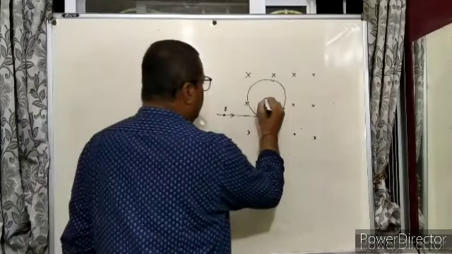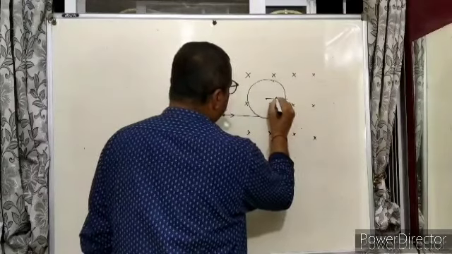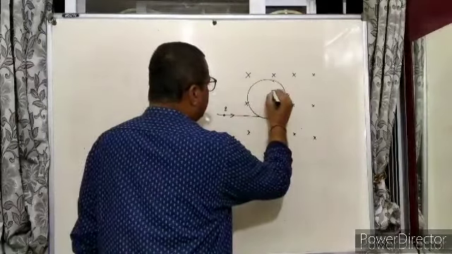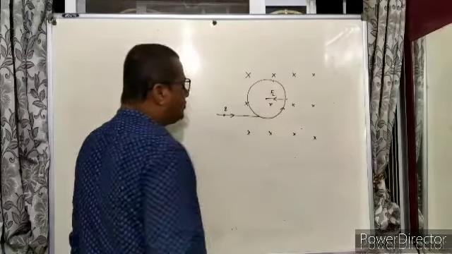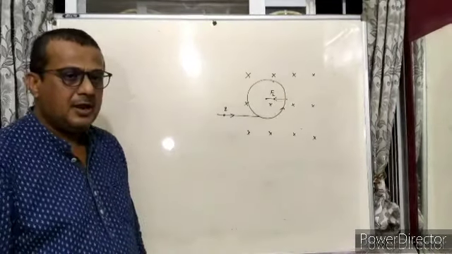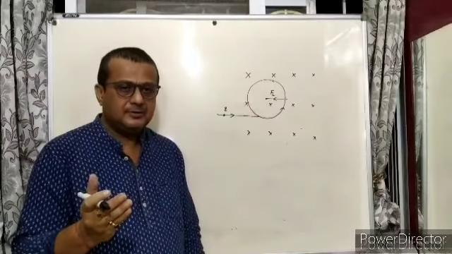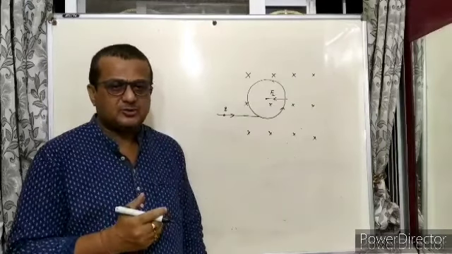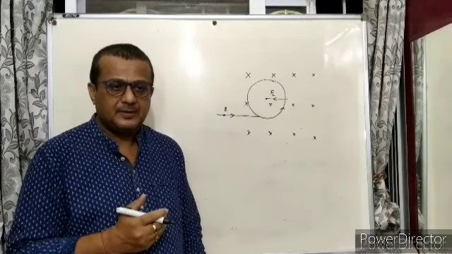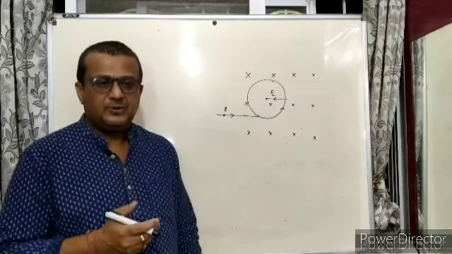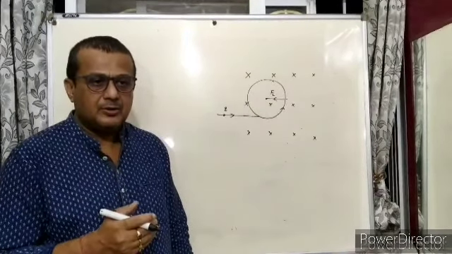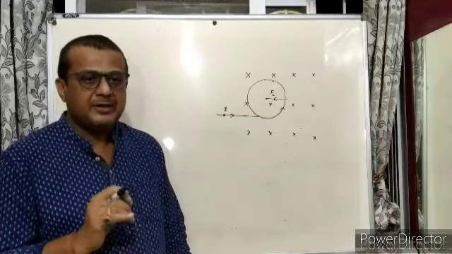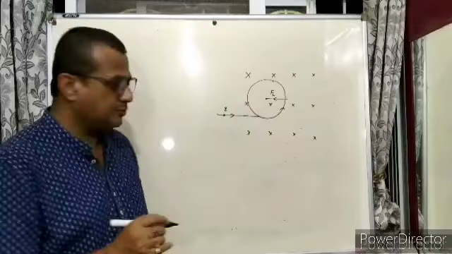When it moves circularly, a force acts towards the center called the Lorentz force. You know that in circular motion, centripetal force acts towards the center, and in the non-inertial frame a centrifugal force acts outward whose magnitude is equal to the centripetal force.